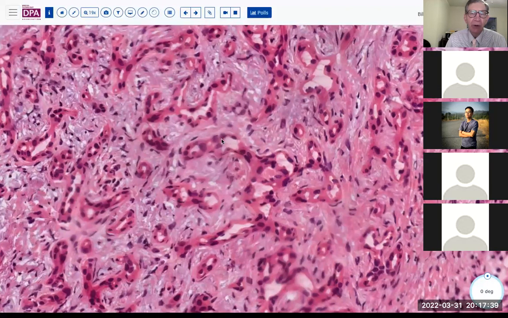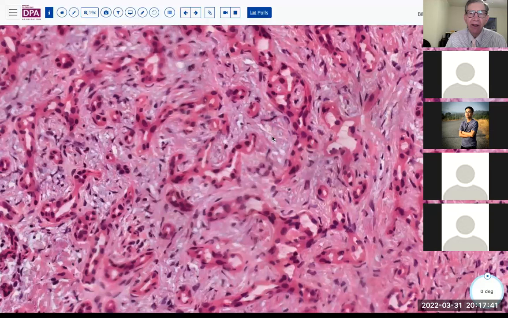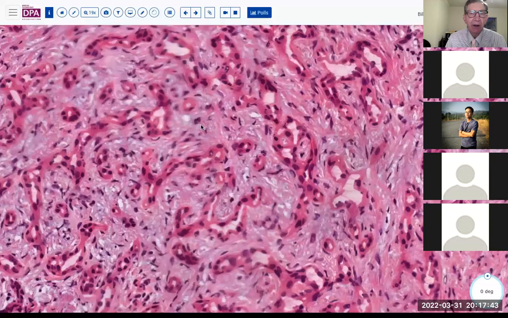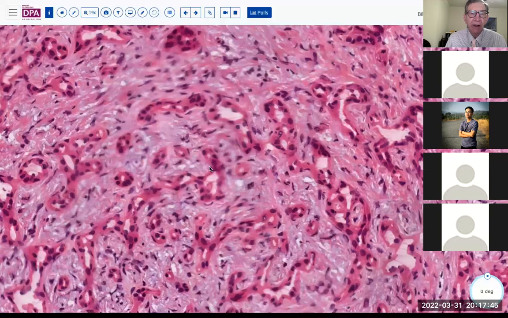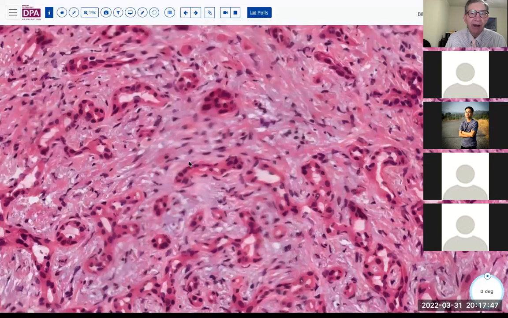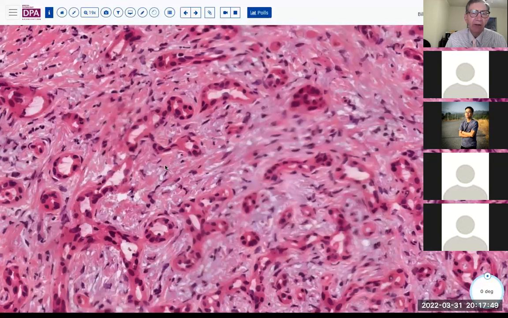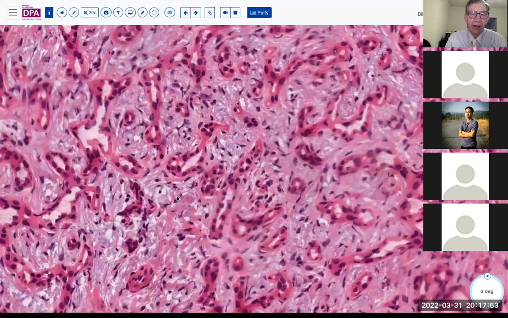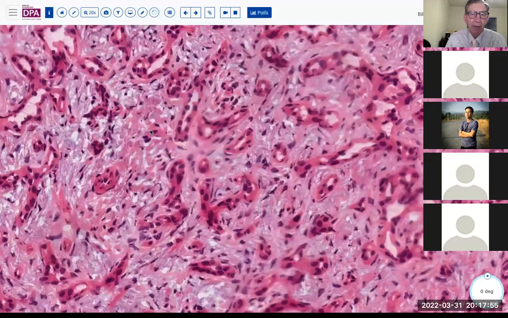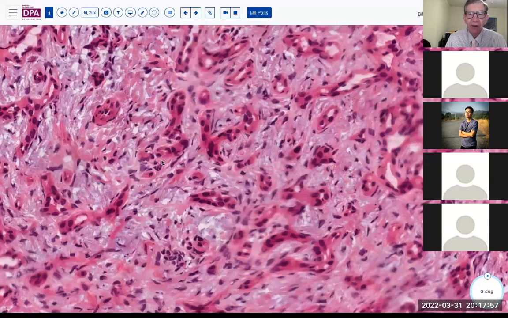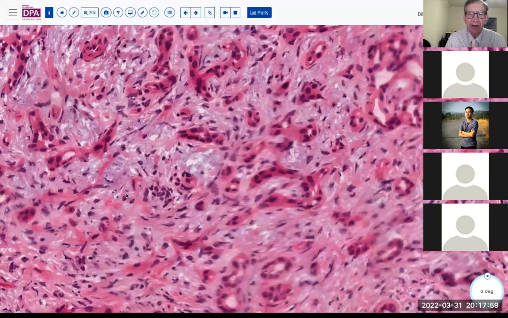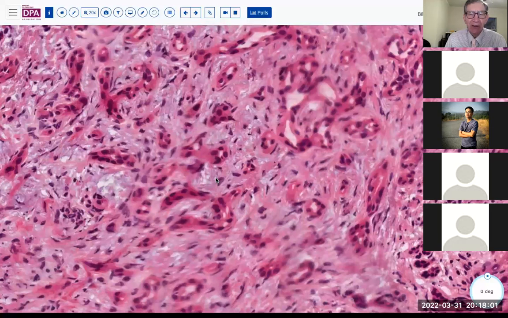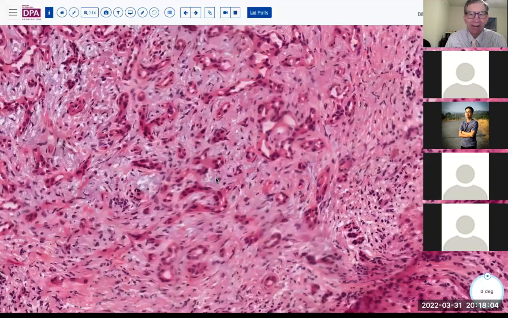And the interpreting pathologist thought, gee, there's a little bit of atypia here. There's small glands. I think this is metastatic cancer. And so as a consequence, the procedure was aborted and the patient closed back up. And then the next day, the rest of us looked at it and said, this looks like a hepatic adenoma.